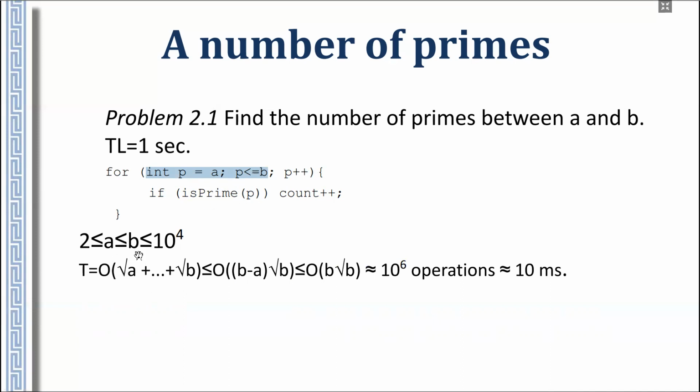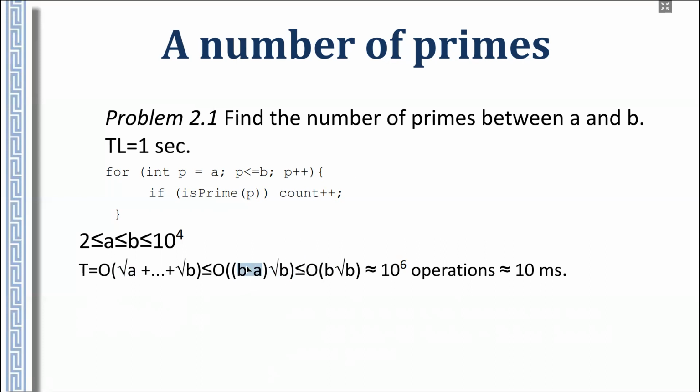First running takes square root of A, then square root of A plus 1, then square root of A plus 2, and so on, up to square root of B. We can say that each summand in this sum is at most square root of B. Then it's square root of B times the number of elements in this sum, that is B minus A plus 1 elements in fact, but we don't care about these constants. So this is B minus A times square root of B.